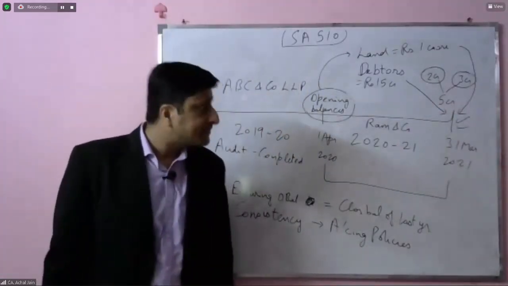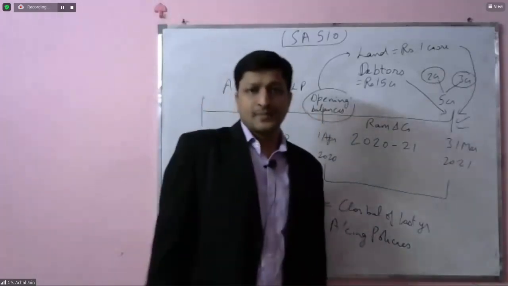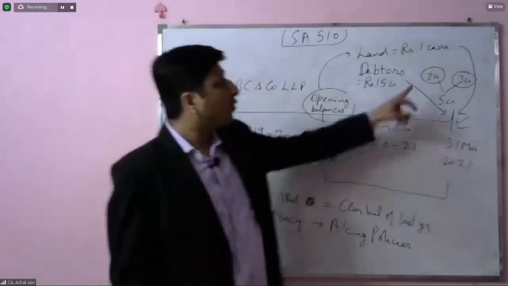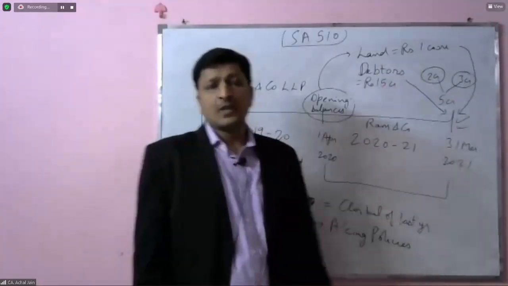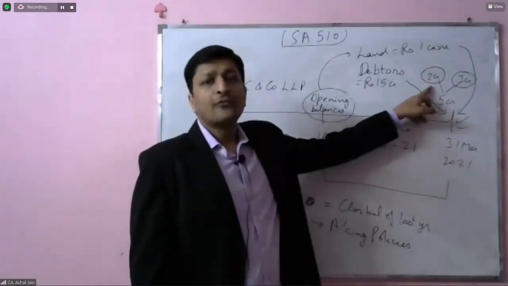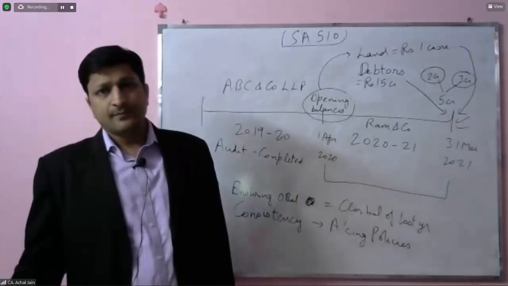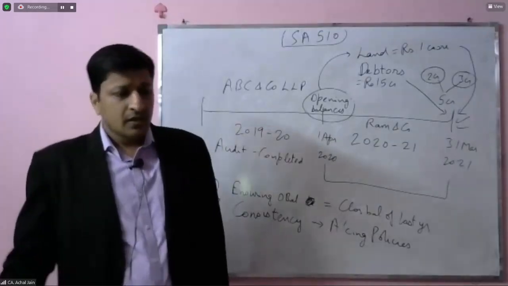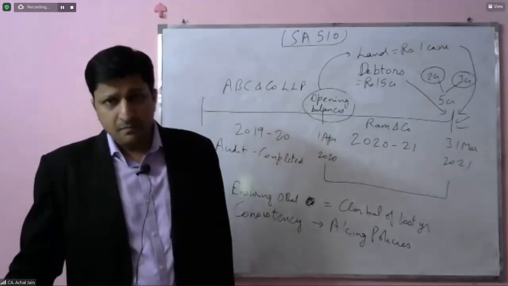So that's why in this case, when the new auditor would select the samples, he would also be required to consider this population separately and ensure that this population of debtors equivalent to 2 crore is also tested by him. Okay, the testing by the new auditor would again be on a sample basis.